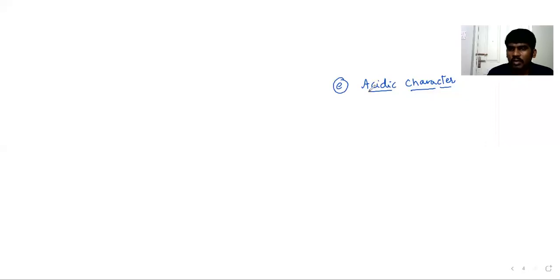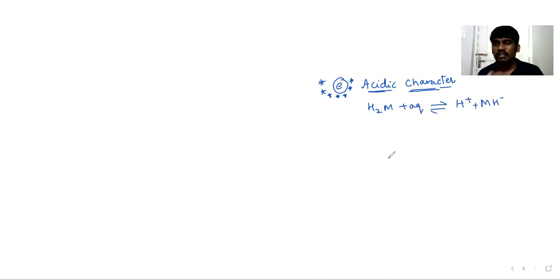Next, we are going to talk about the acidic character of these hydrides, which is very, very important for any competitive exams as well as for board exams. If I take H2M and dissolve it in water, it can dissociate as H+ and MH-. Any substance which gives H+ ion is said to be an acid.